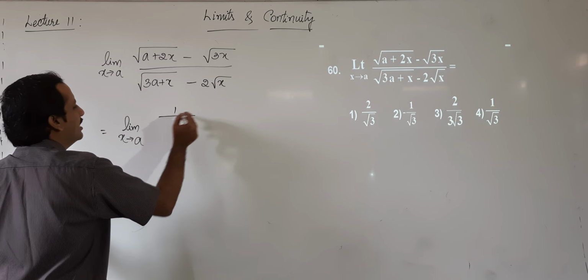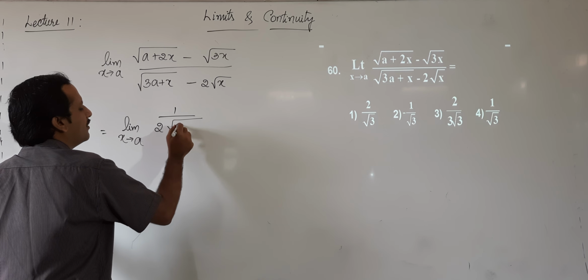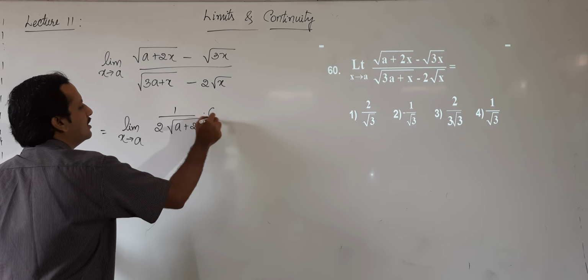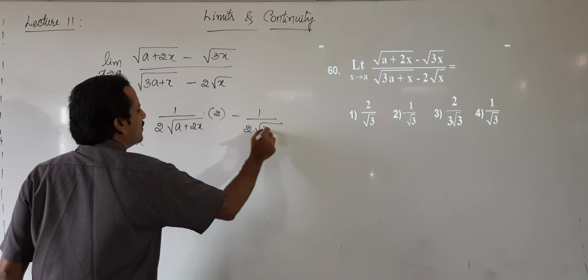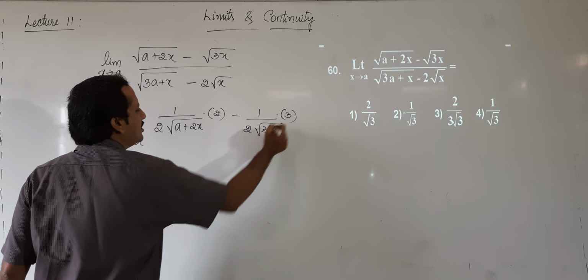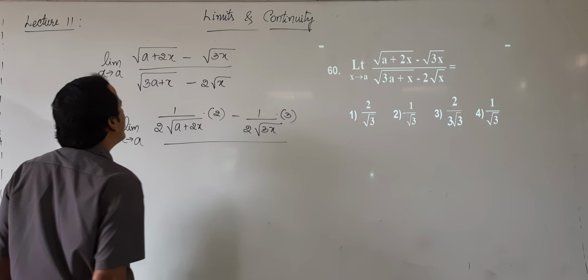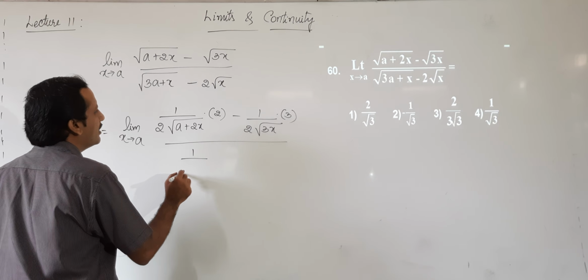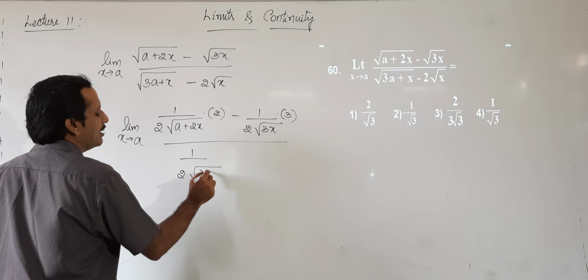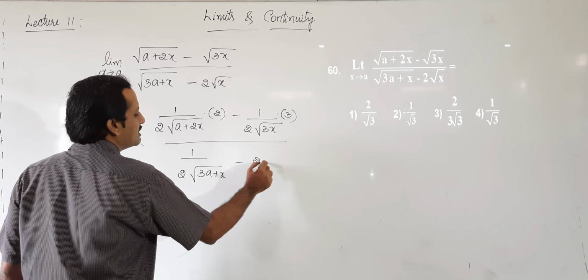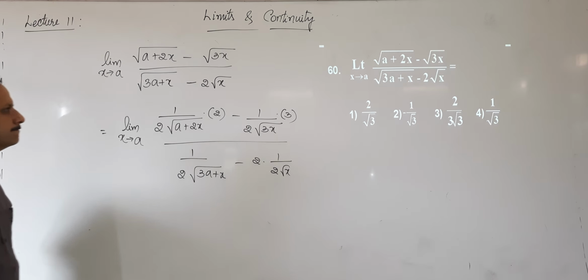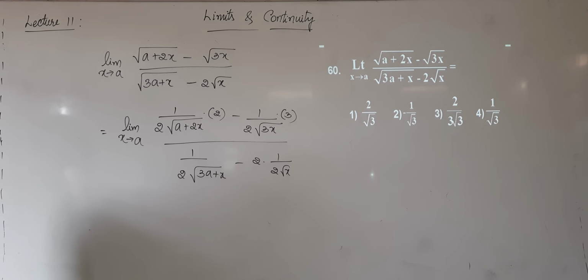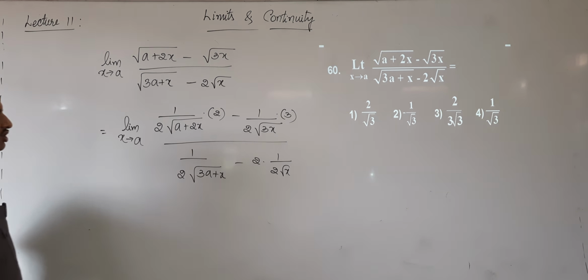When we differentiate it, we get 1 by 2 root of a plus 2x into 2 minus 1 by 2 root of 3x into 3, divided by the denominator: 1 by 2 root of 3a plus x minus 2 into 1 by 2 root x. Okay. Now apply the limit as x tends to a.